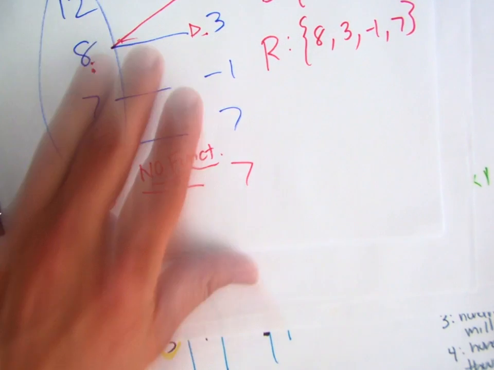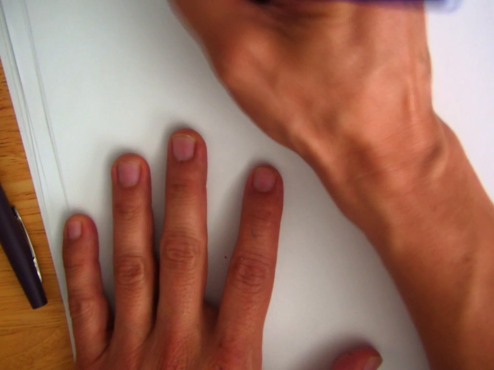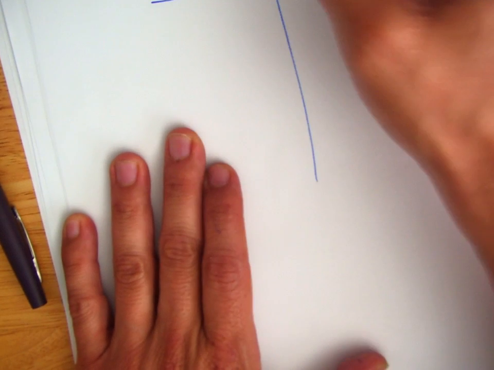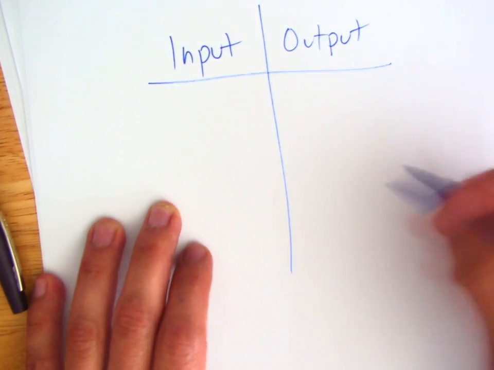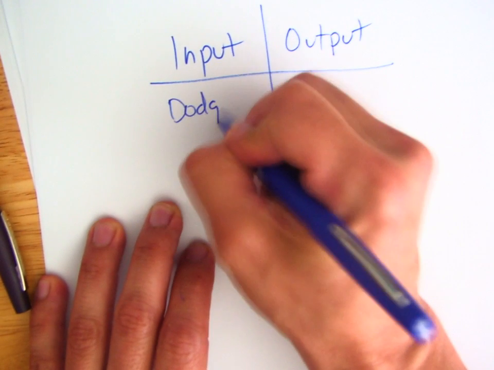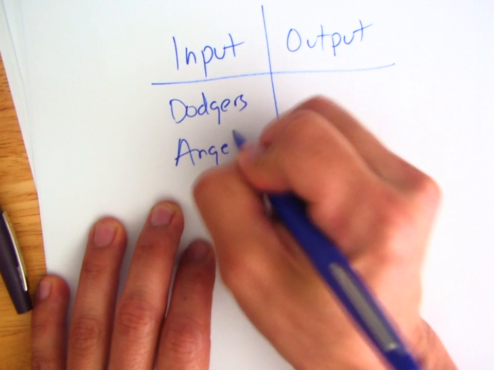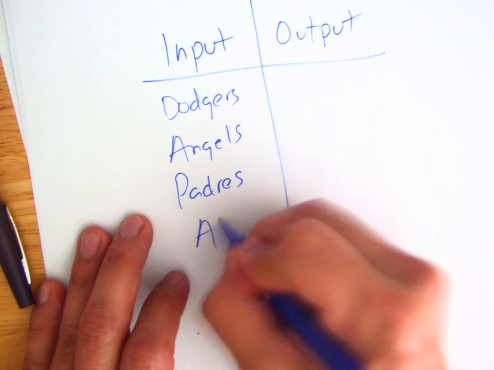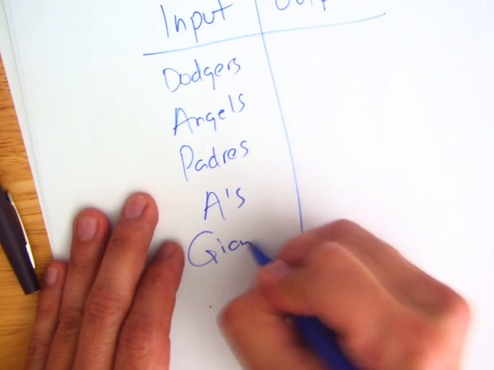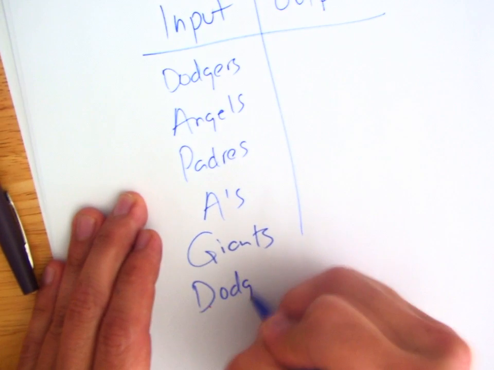So far, so good? And then you might see a table like this. I'm going to do baseball teams. Here we go. Dodgers, Angels, Padres, A's, Giants, Dodgers.